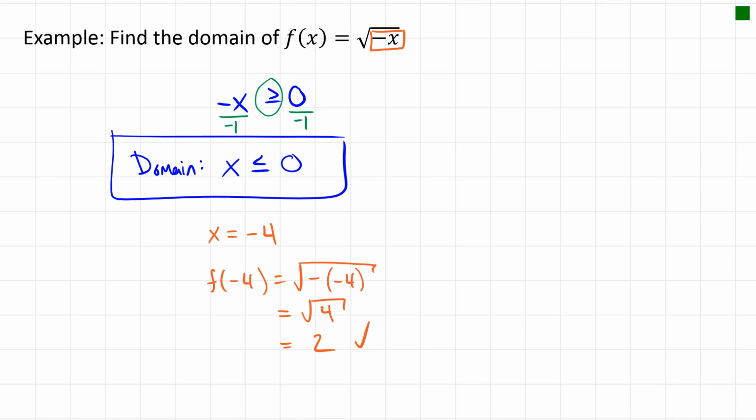So you can see that it's all the negative values of x that are in the domain of this function because of this negative in front of the x that's in the function itself.